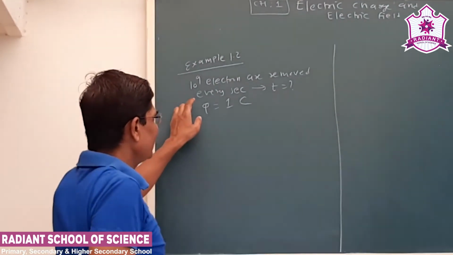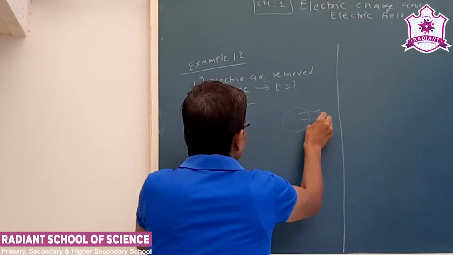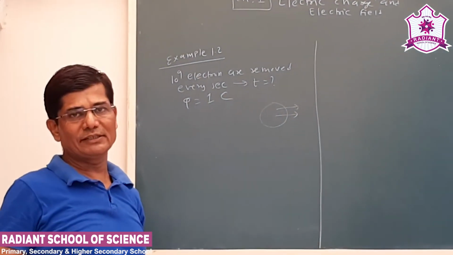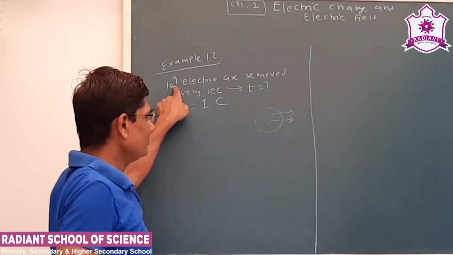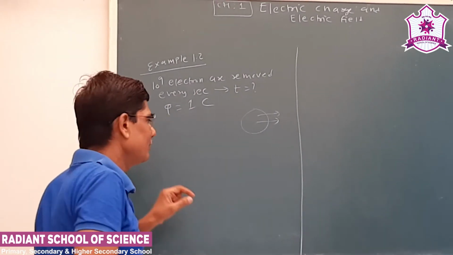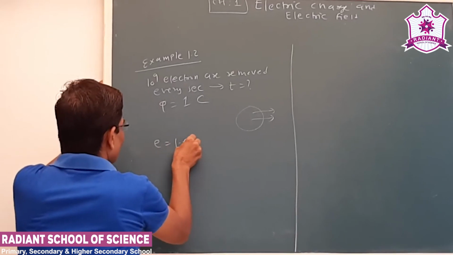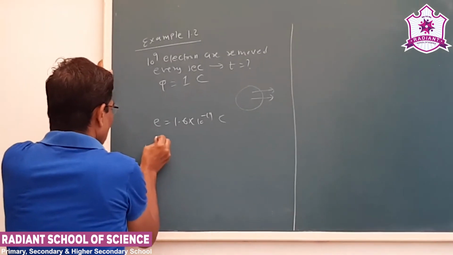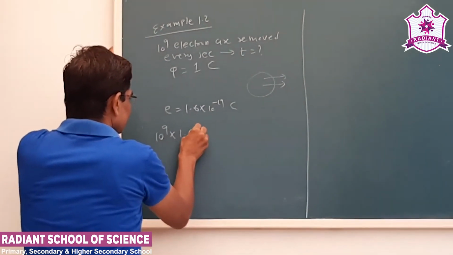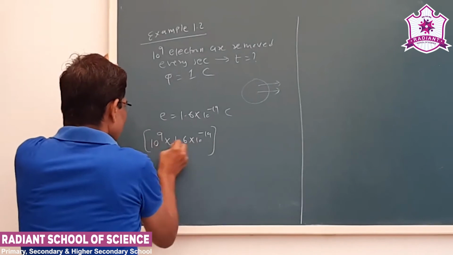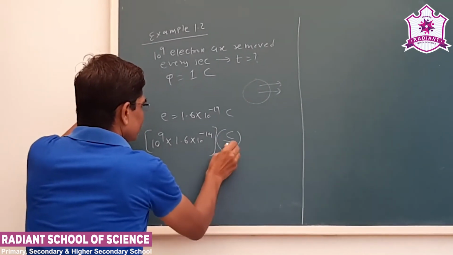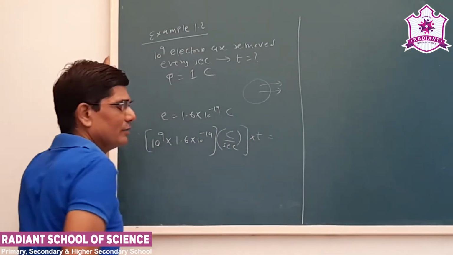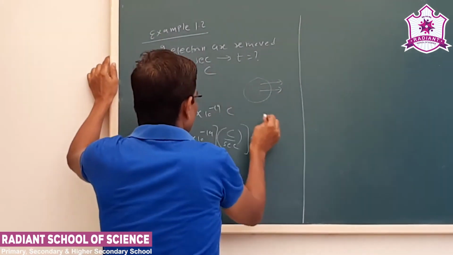Here a metal sphere or something like this is there. 10 to the 9 electrons are removed every second, so the rate of losing charge is 10 to the 9 electrons per second. We know the charge of the electron is 1.6 into 10 to the minus 19 coulomb. So the total charge lost every second is this, in coulomb per second, multiplied by the time.